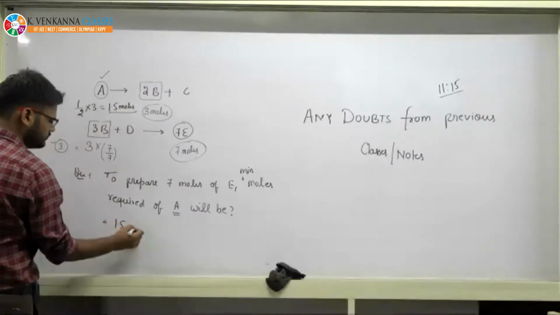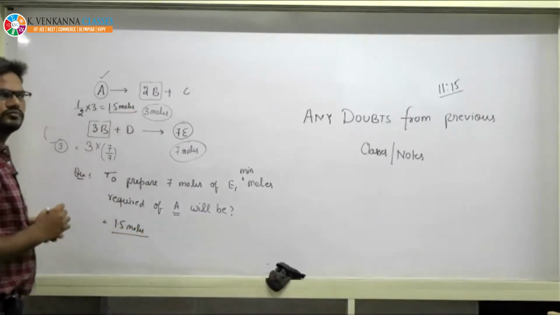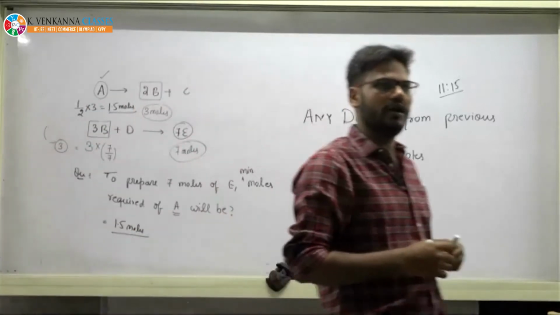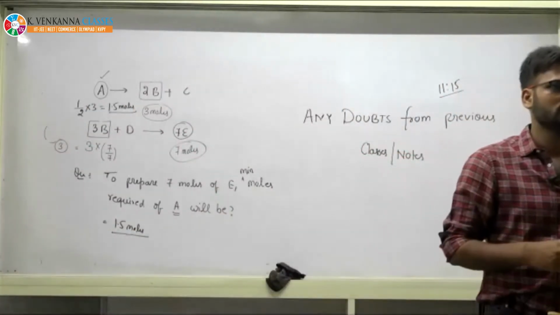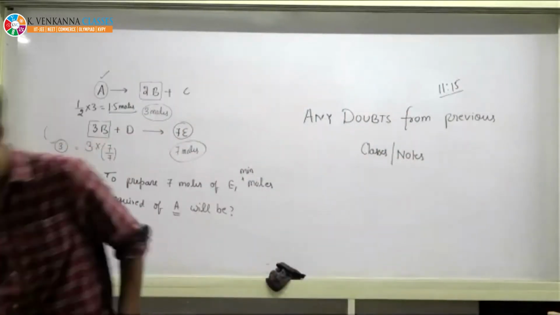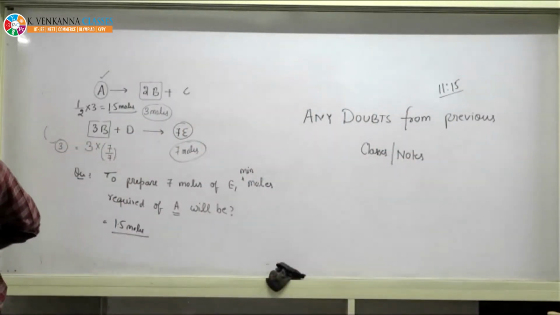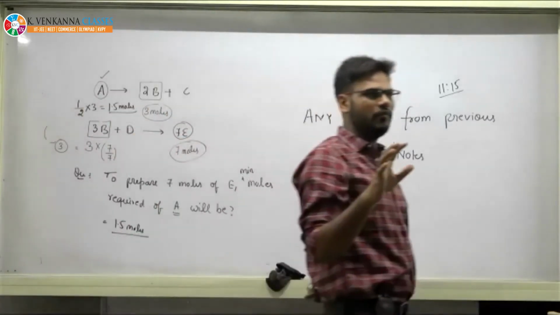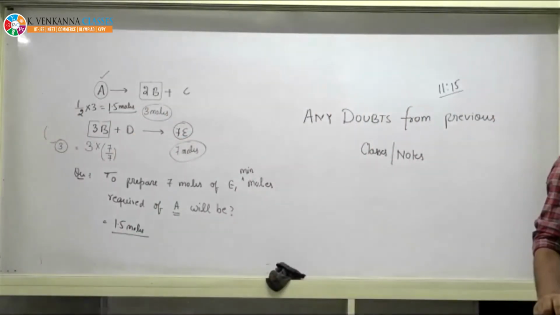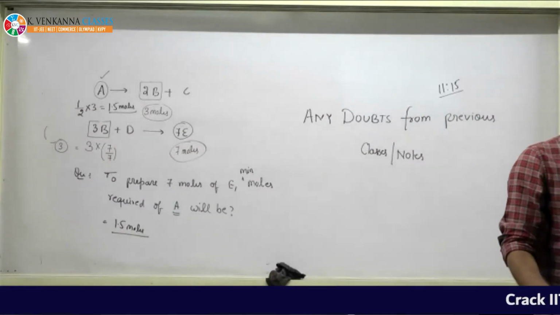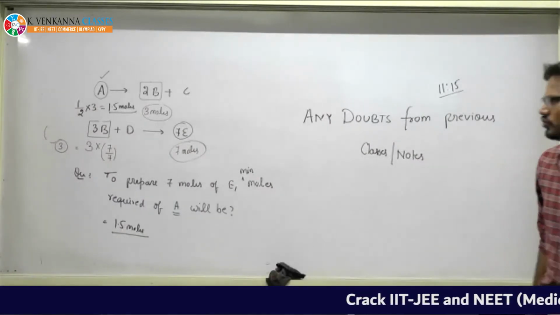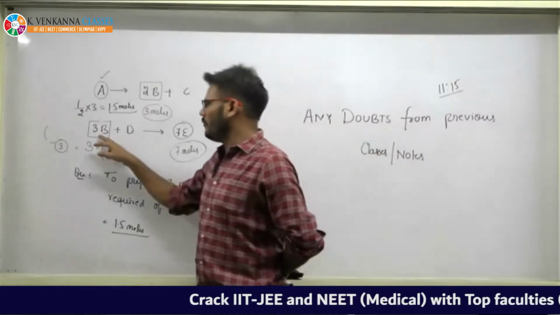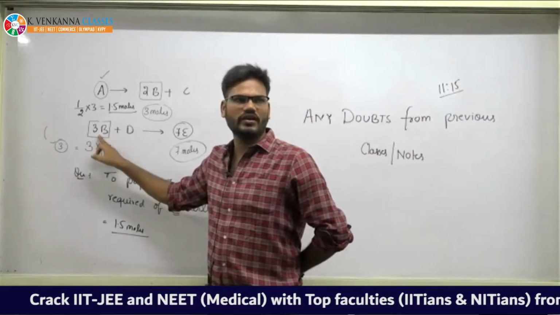Yes, Chatur, you are right. Santosh, just check it, beta. These are very trivial problems. You just have to understand how to use the moles of a common substance which is appearing in 2 reactions.